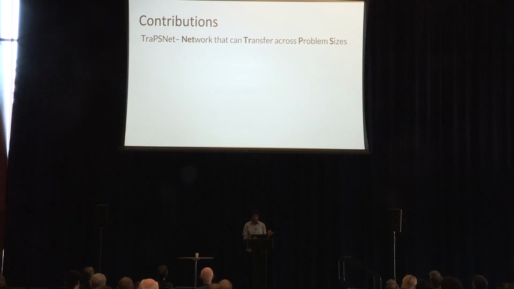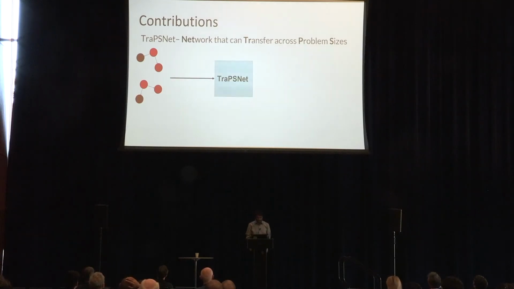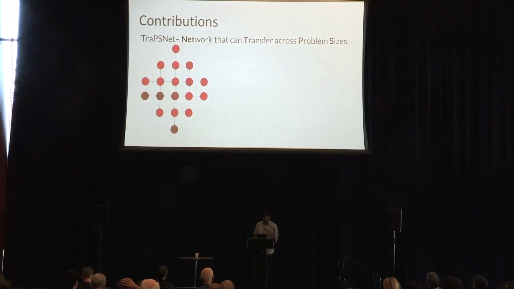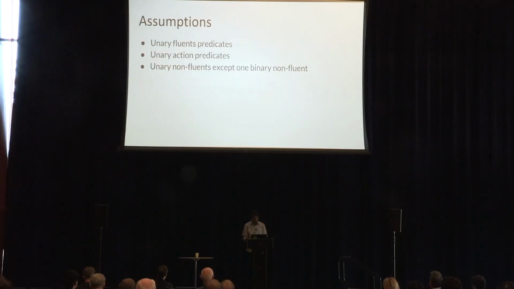We call a network that can transfer across problem sizes TrapsNet. The setup is that we have small-size problems which are represented as graphs. We train a model, TrapsNet, which outputs a generalized policy. Finally, during test time, we have a very large problem instance, and we use the generalized policy without any other update to get the reward.